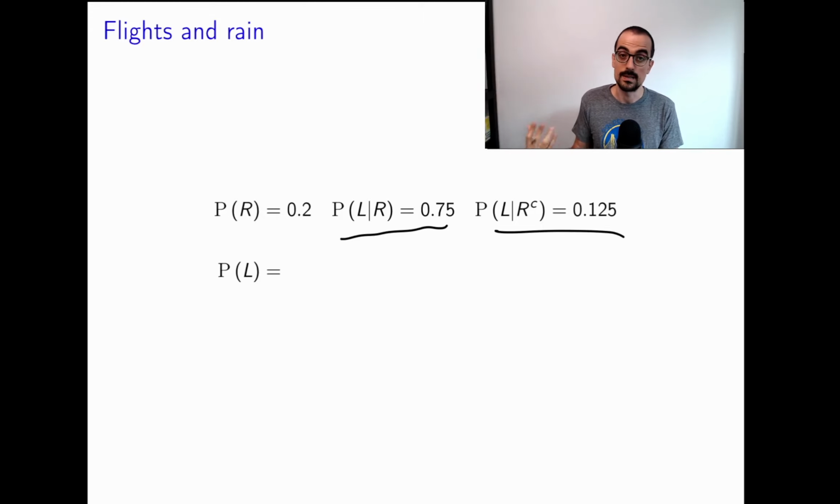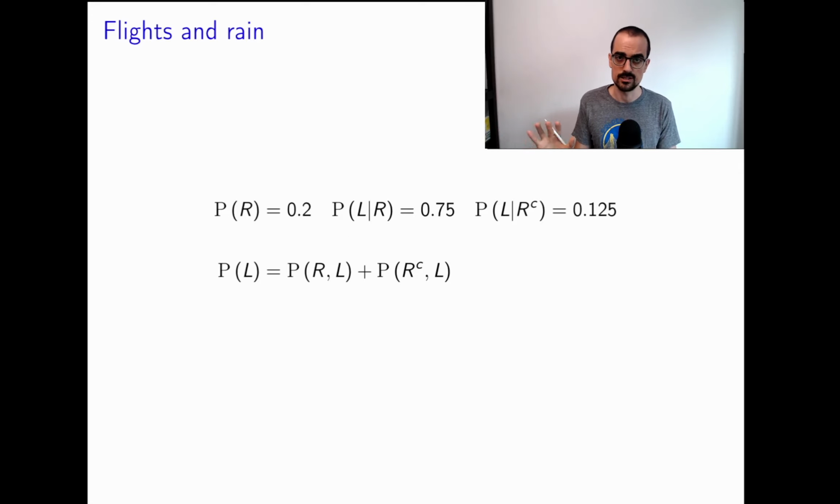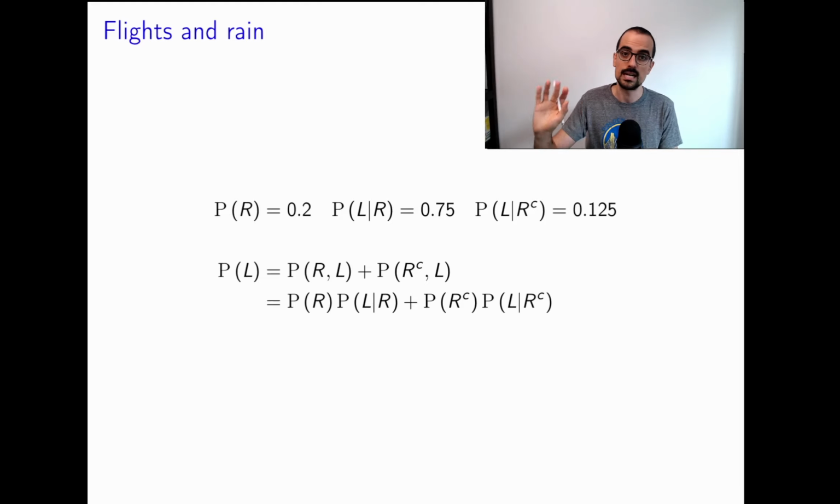So what do you do? You apply the law of total probability. But again, I usually just like to rederive it. So the probability of late is just the union between late intersection rain and late intersection no rain. Okay, and you can add them up because they're disjoint events. And now these guys, you just apply the chain rule. So the intersection between R and L is just the probability of R times the probability of L given R. And again, the chain rule is just a direct implication of the definition of conditional probability.